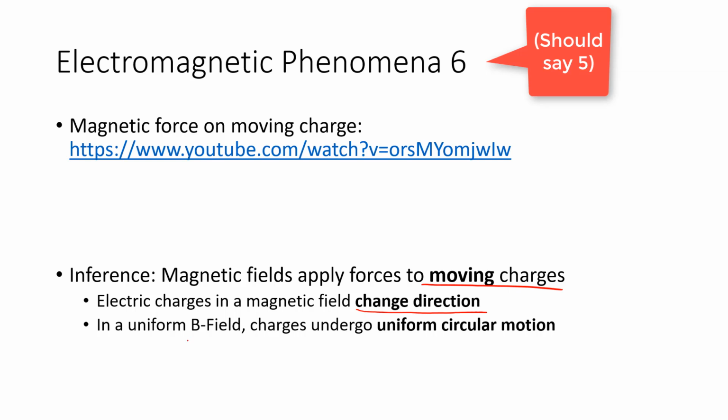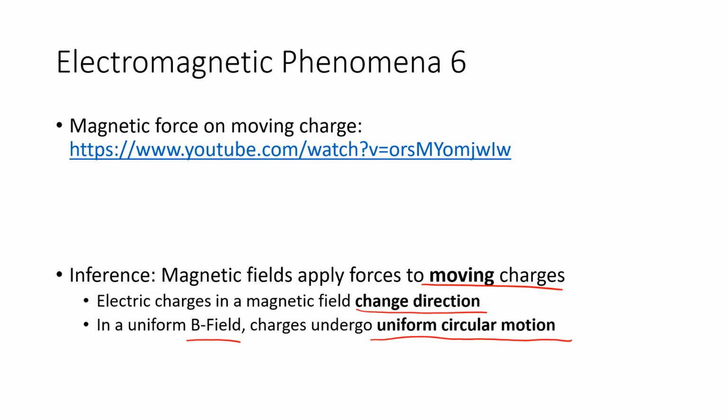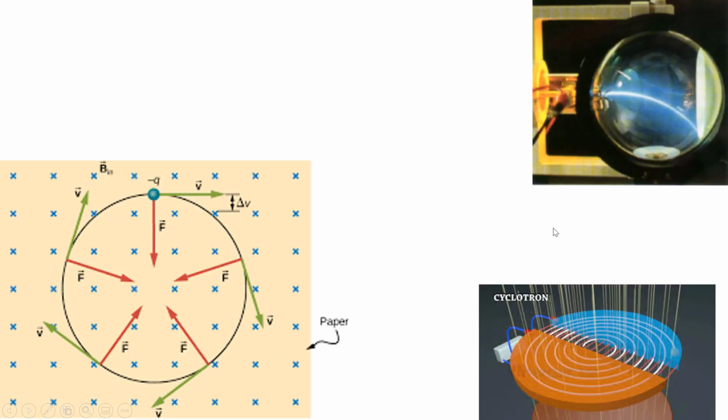And in a uniform magnetic field, our moving charges are actually going to undergo uniform circular motion if they're sent in perpendicular to that field. So from a magnetic field, we can get circular motion. This is just an illustration of what's actually happening.